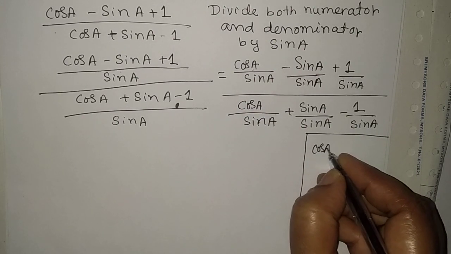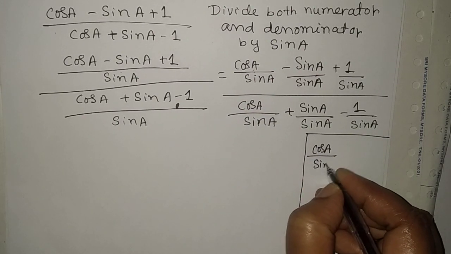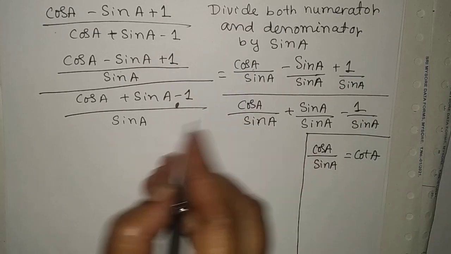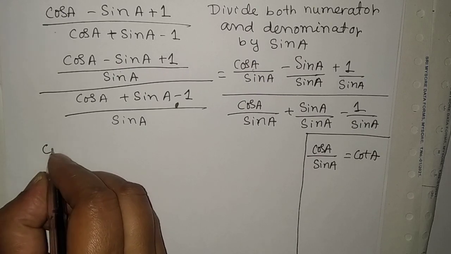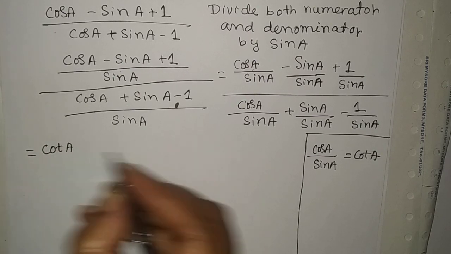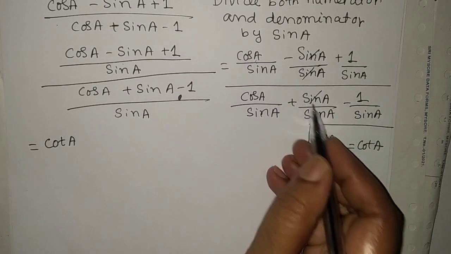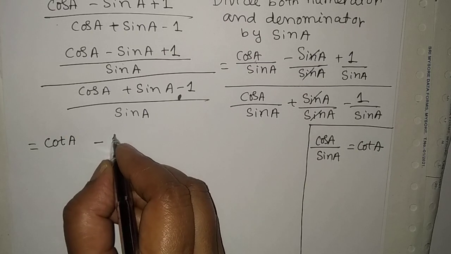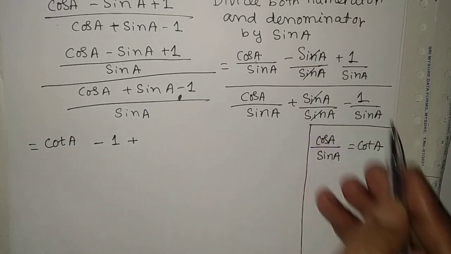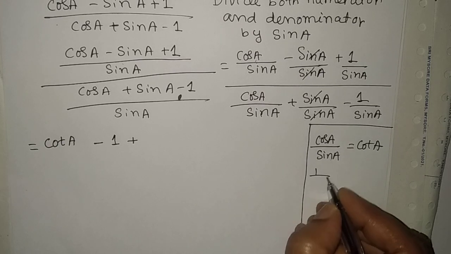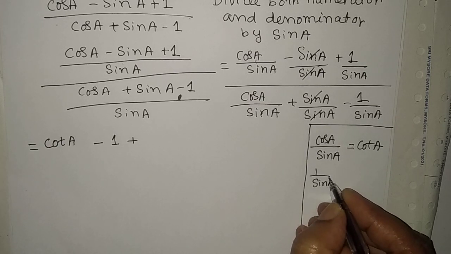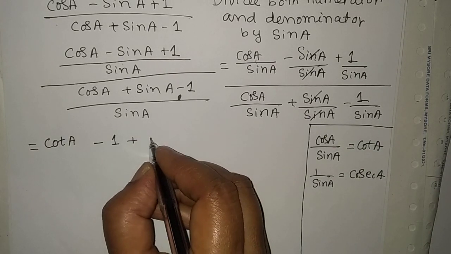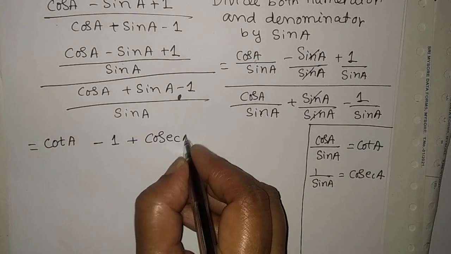Cos A by sin A is equal to cot A, so write down cot A. Next, sin A by sin A cancels, giving minus 1 plus 1 by sin A, and 1 by sin A is equal to cosecant A. Substitute cosecant A here.